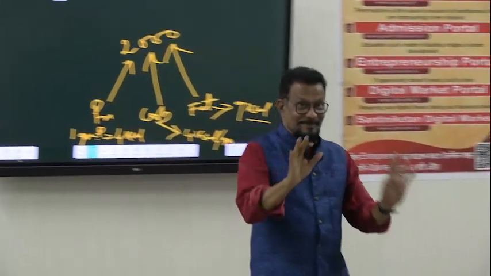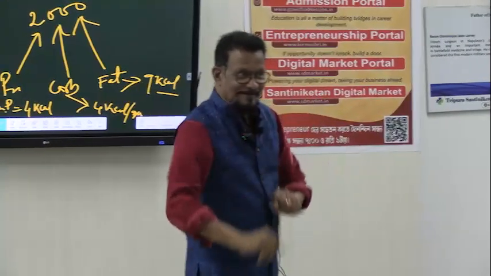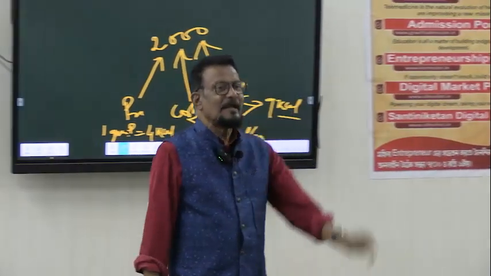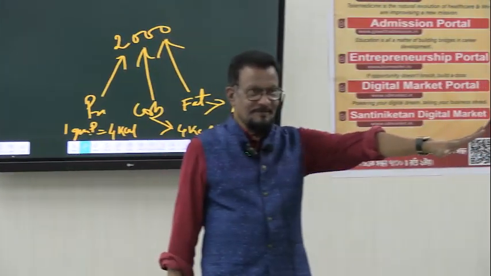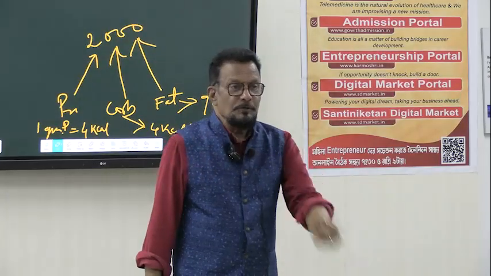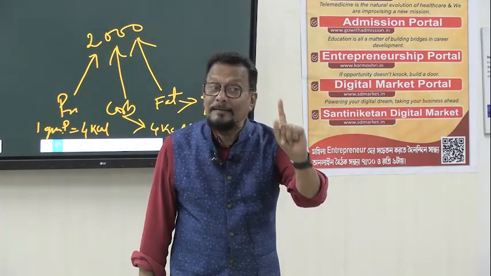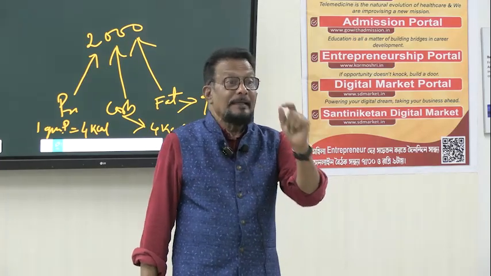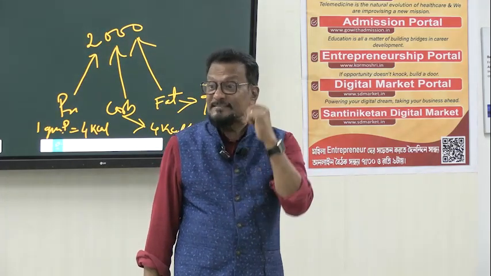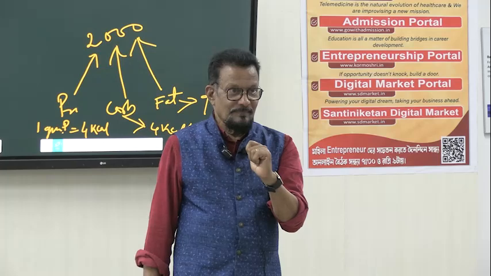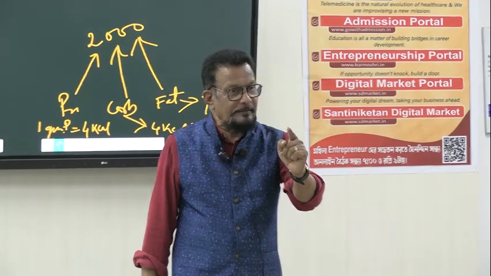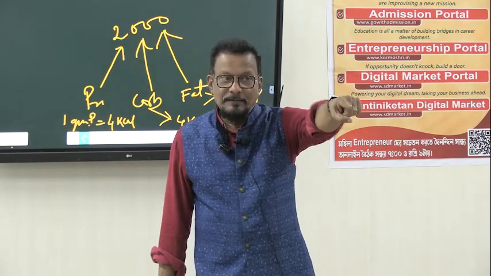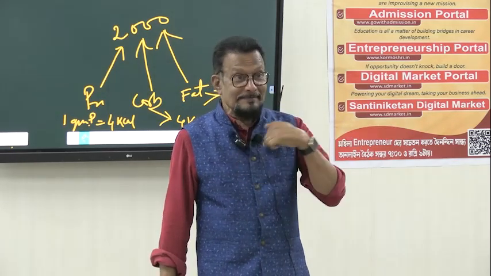Okay? Now you see, I will determine how much protein you should take. On an average, you have to take 1 gram protein per kg of your body weight, irrespective of your sex. If your body weight is 50 kilo, what is your body weight? 50.